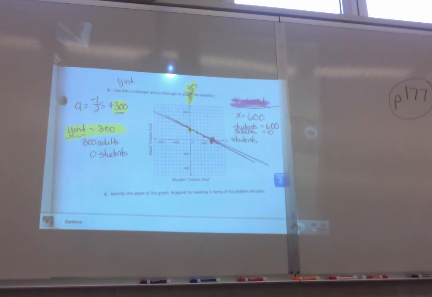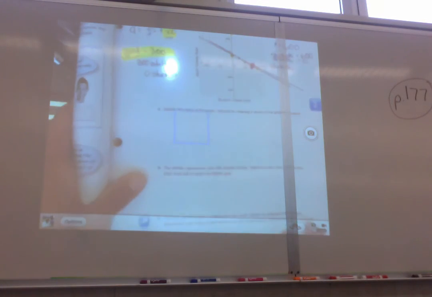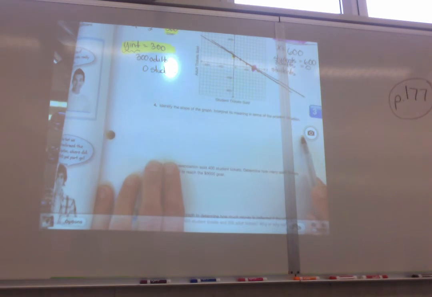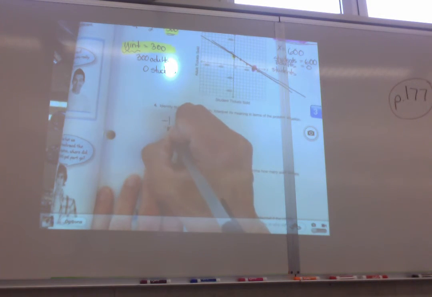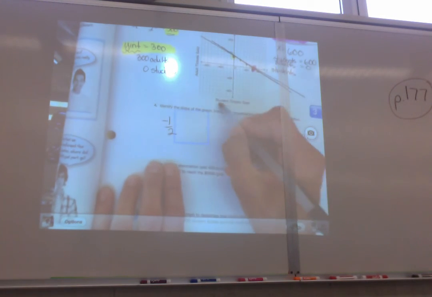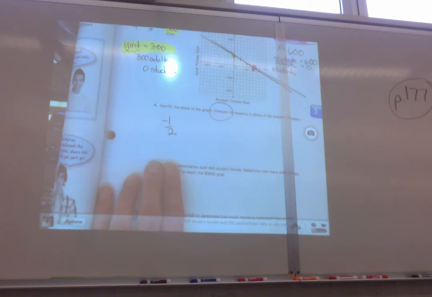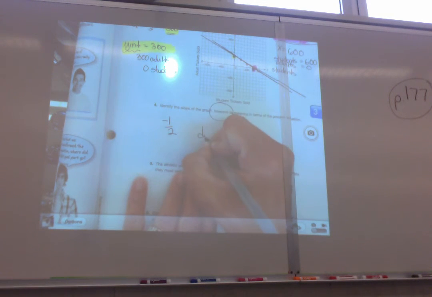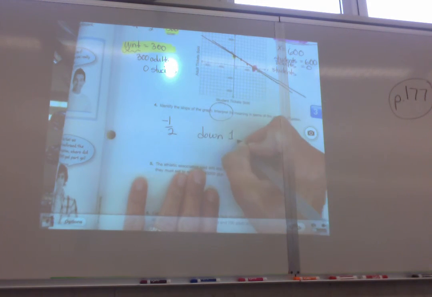Okay, number 4. Slope of the graph. I already did that. Good, what is it? Negative 1 over 2. Now, interpret. If we're going down 1, that means we're going down on the adult axis. Down 1.